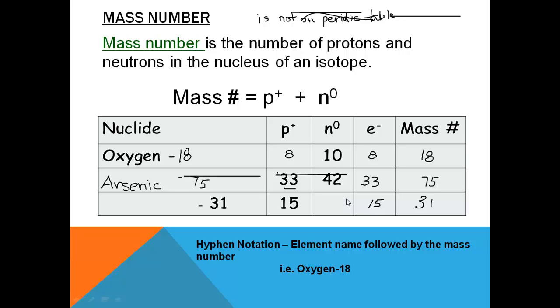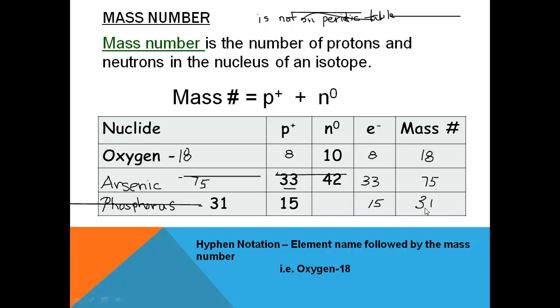This is element number 15, and we have another phosphorus example. Element number 15 is phosphorus-31. The only thing we have to do is figure out the number of neutrons. How do we do that?